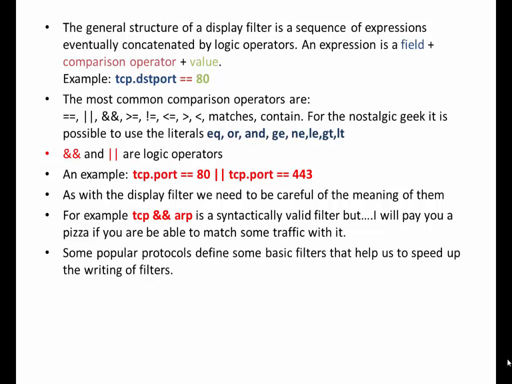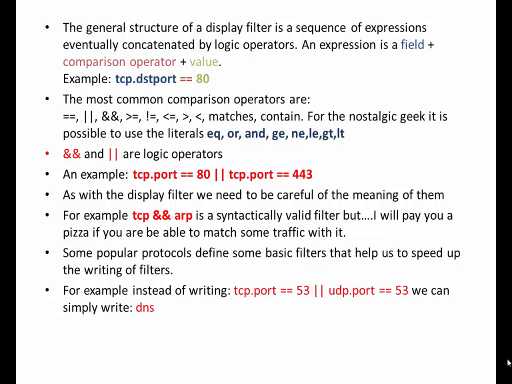So some popular protocols define basic filters that help you by giving you a shorter name that speeds up writing a filter. For example, for a popular protocol like DNS, the real filter should be TCP port equal 53 or UDP port equal 53.